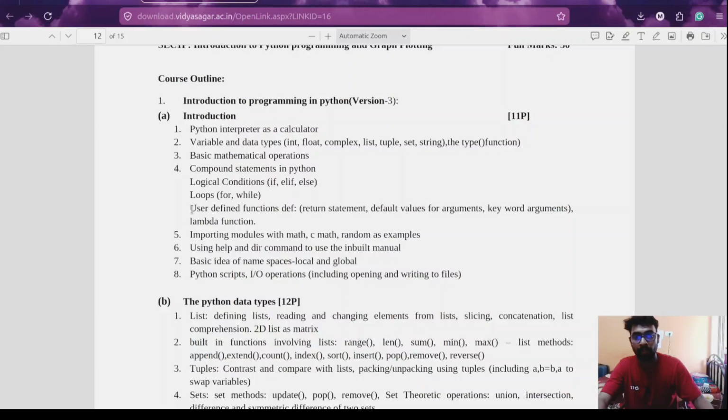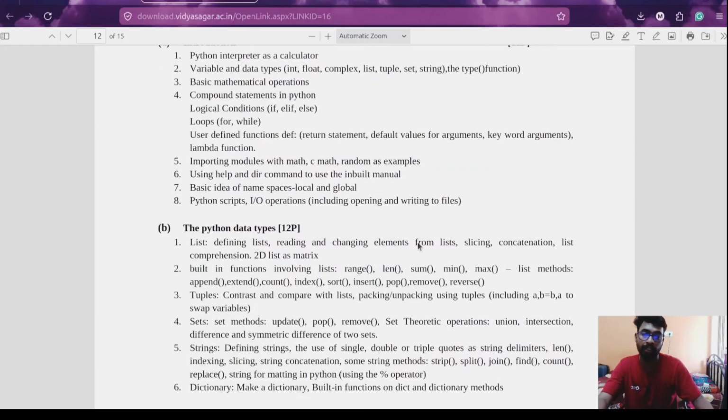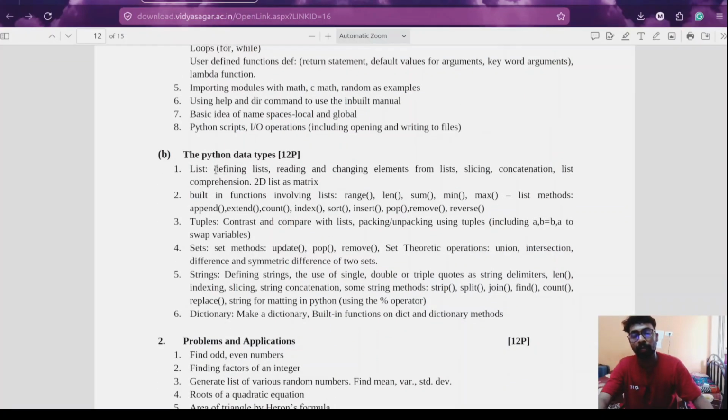Then the Python data types, different kinds of data such as lists, 1D data and 2D data, and built-in functions like range, length, summation, how to calculate minimum and maximum, and list methods like append, extend, count, indexing, how to deal with indexing, and sorting, where you sort some numbers.